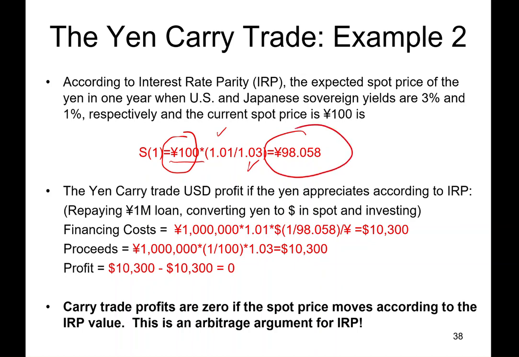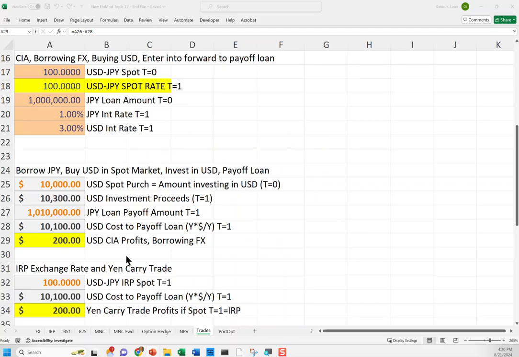What if the exchange rate goes to 98.053? Well, when I go to pay back my 1.01 million yen at an exchange rate of 98, that's going to cost me $10,300. In the last example, I had this at 100 and I was making money. But if I allow the exchange rate to go according to interest rate parity, that's $10,300. Here are my proceeds from the US Treasury. I have zero profit. If I were to do this in the spreadsheet, all I would have to say is that I don't get 100.